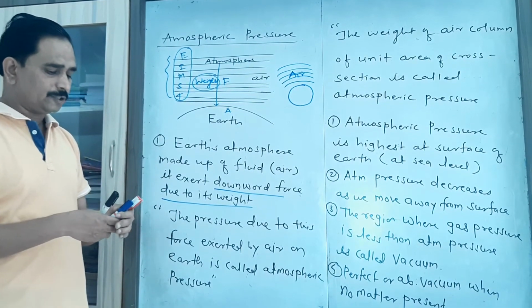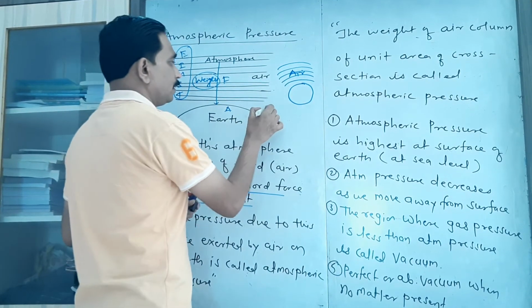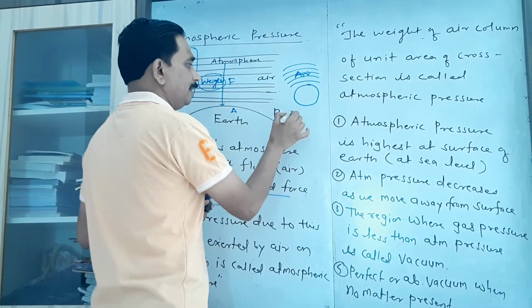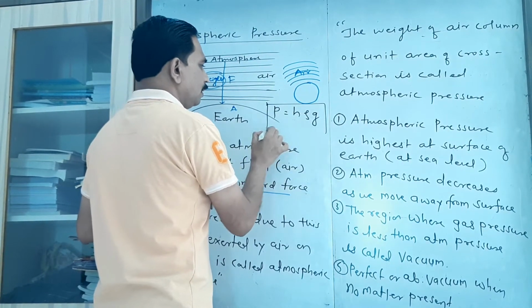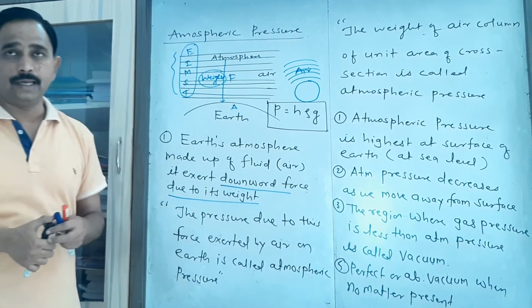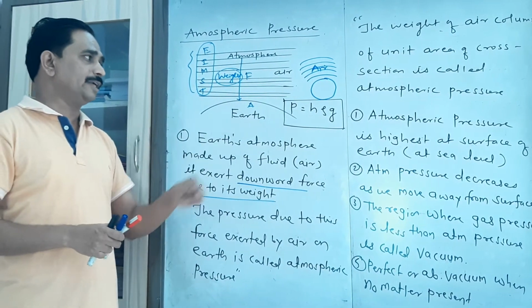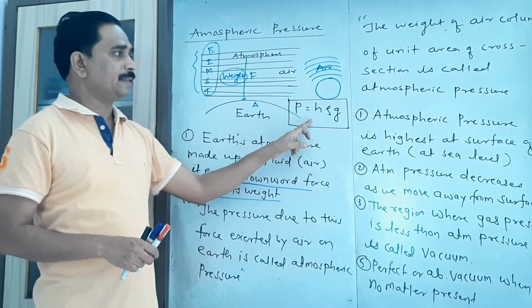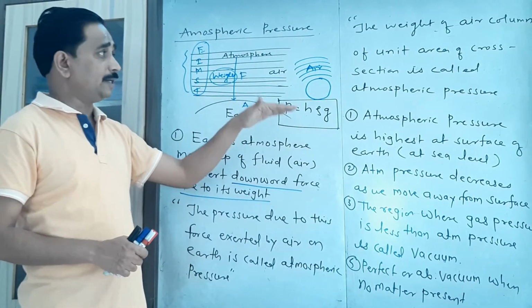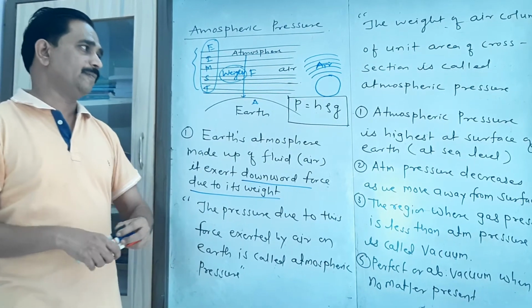Now we already found the pressure due to a liquid column, that is P equals h rho g.